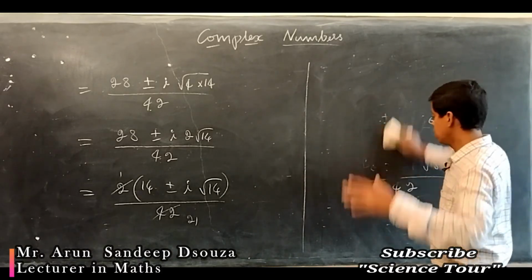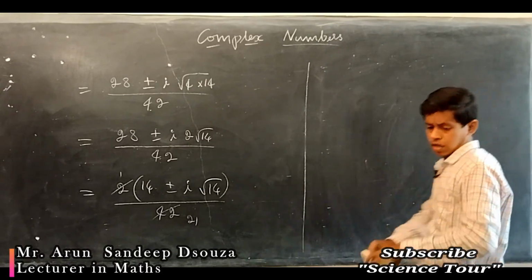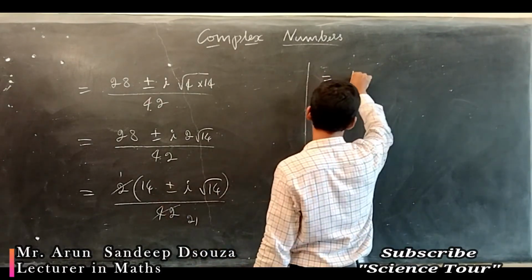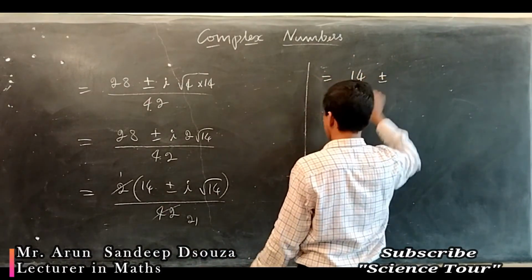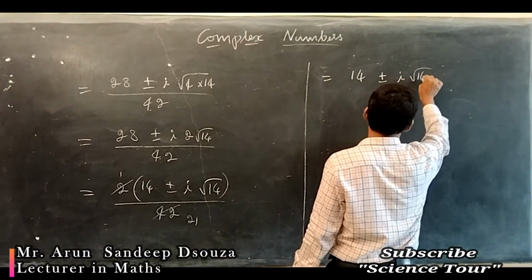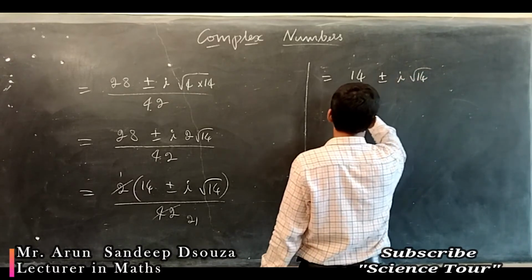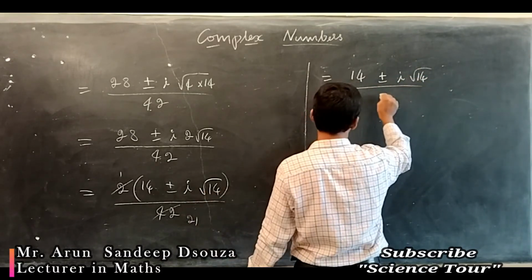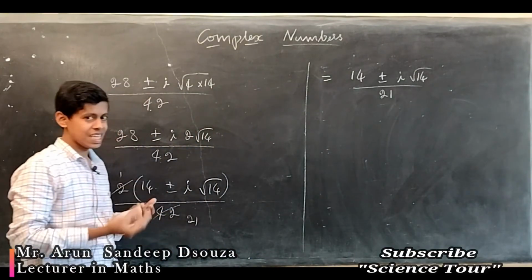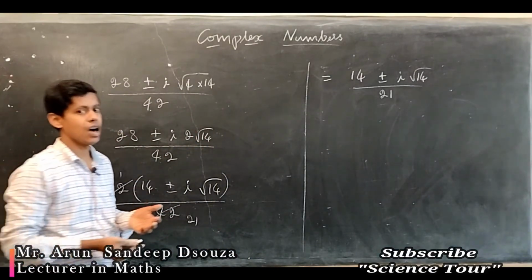That's the end of this question. So this is equal to 14 plus or minus i root 14, and this is 21. Now we can simplify further. Yes, you can. And how?